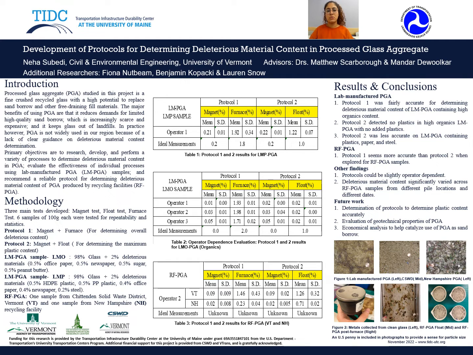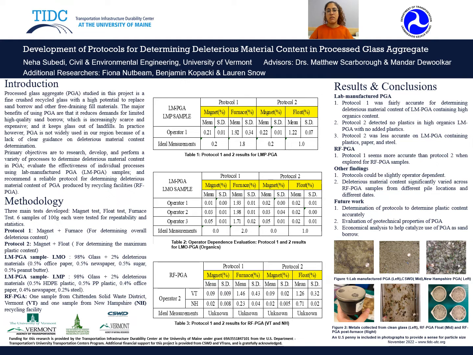Meanwhile, different recycling facilities through different tests and methods have been able to produce sand-sized glass aggregates whose geotechnical properties are almost similar to that of sand, and they possess no significant environmental risks. Therefore, we are strongly interested in finding ways to make use of those waste glasses and replacing the sand borrows with processed glass aggregates.